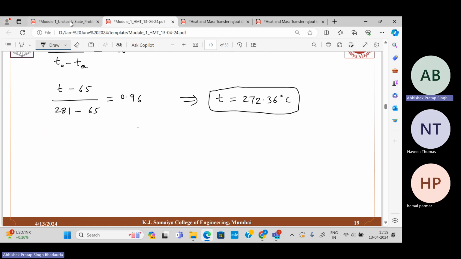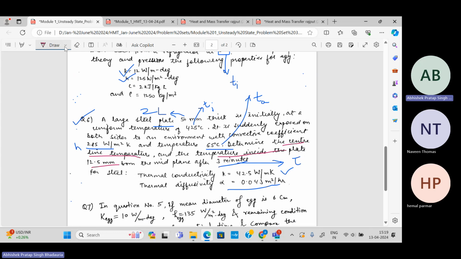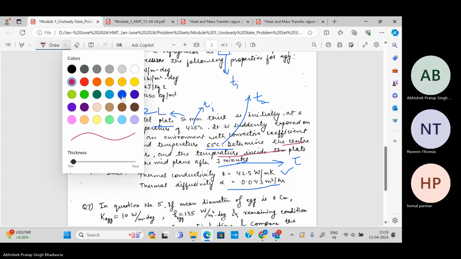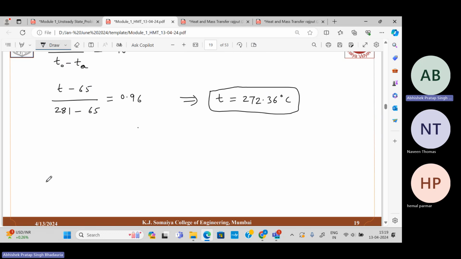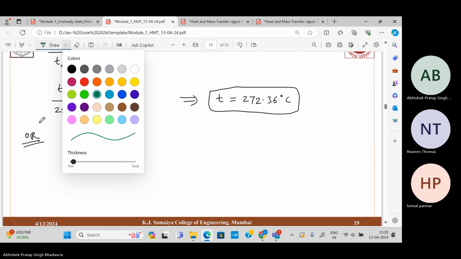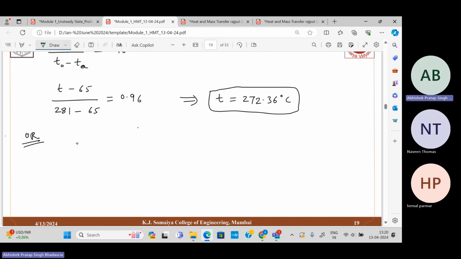Or the alternate way to solve the problem is we can find the temperature distribution from the Heisler chart for the temperature history of the center line or the mid plane temperature.